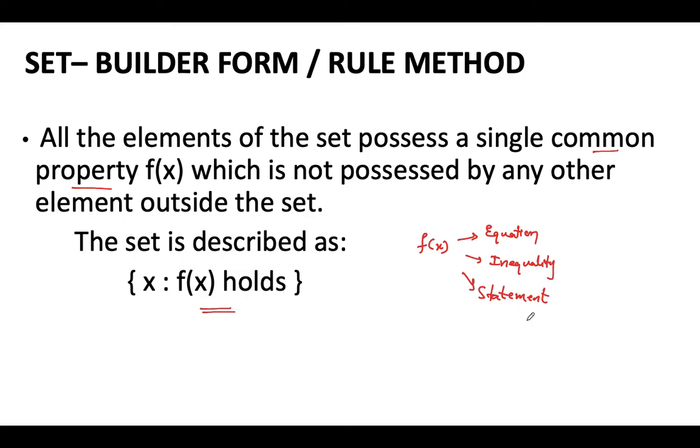So if we are able to express this f of x as an equation or an inequality or a statement satisfying some particular condition, all the values which satisfy this f of x will be part of this set. This kind of representation of a set is called set builder form or rule method.